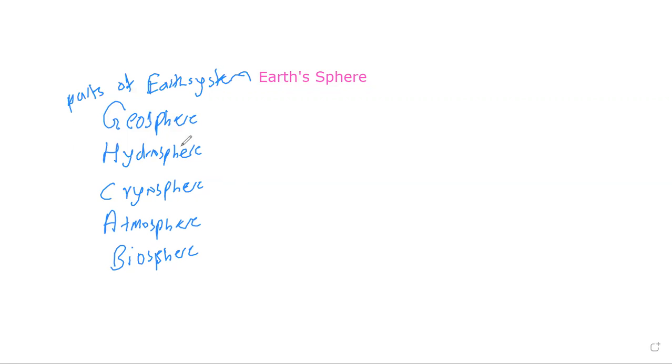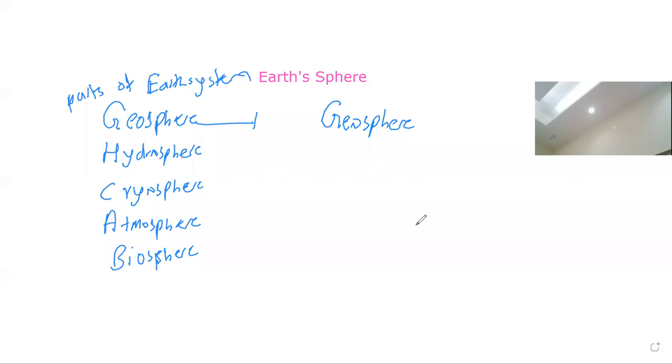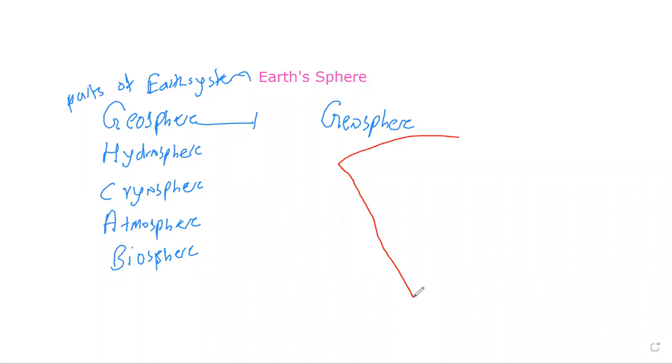These were the layers, or these were the parts of the Earth system. In that, we studied yesterday about the geosphere. Who would like to tell me what we studied in geosphere about the layers of Earth? It's solid rock.